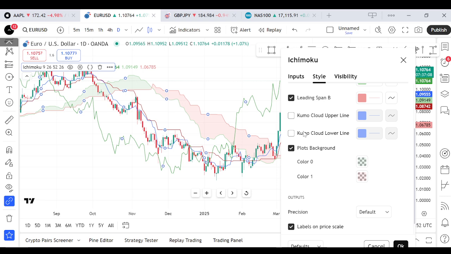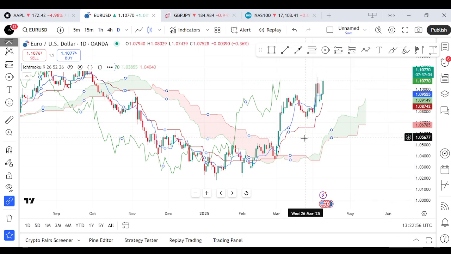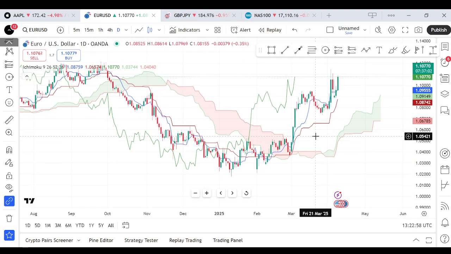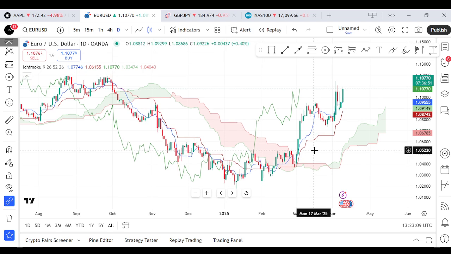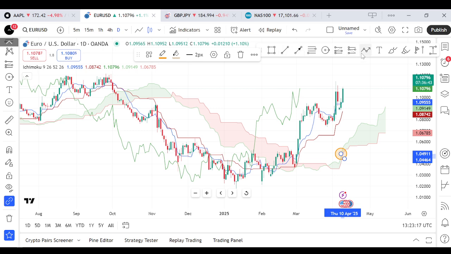Now, in this strategy, the position of the price relative to the cloud is crucial. When the price is above the cloud, it suggests an upward trend, just like you can see on the chart. And when the price is below, it indicates a downward trend. The cloud's thickness also matters. It represents market volatility. Where we have this small thickness here, it shows that we have consolidation.